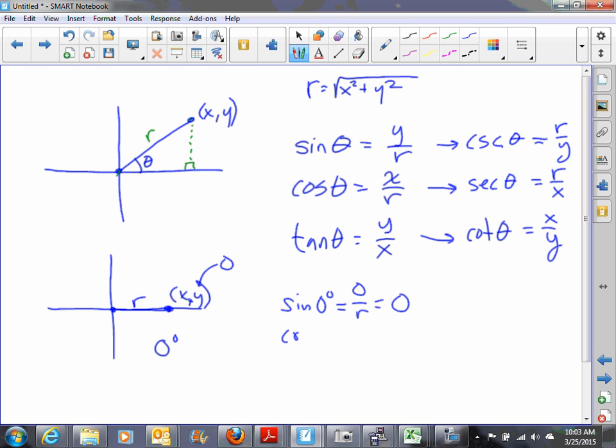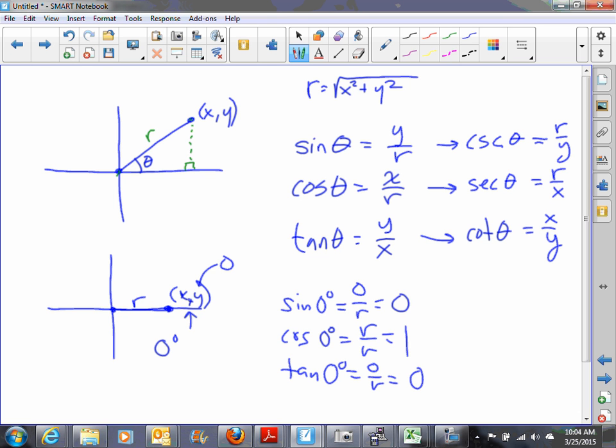The cosine of 0 degrees is r over r, because the x value of the point here is the same as the distance from the origin to it. So we get r over r for cosine of 0, and that would be 1. And the tangent of 0 degrees would be y over x, which is 0 over r, which is 0.